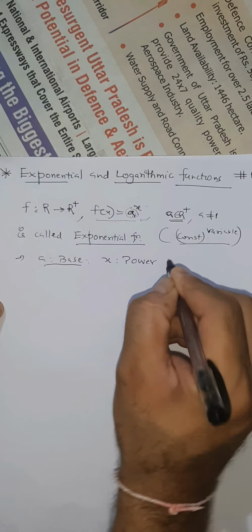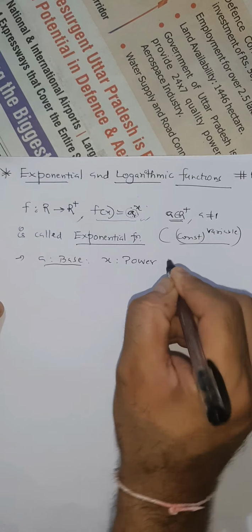Fifth one, if you have log of x raised to n, this is a constant power of the variable, then here it would be n into log x. That power will be in the product, like this. For example, if I have log of x raised to 7, then it is as good as 7 into log x. So power will be in the product.